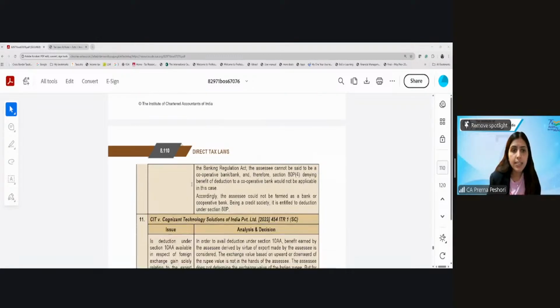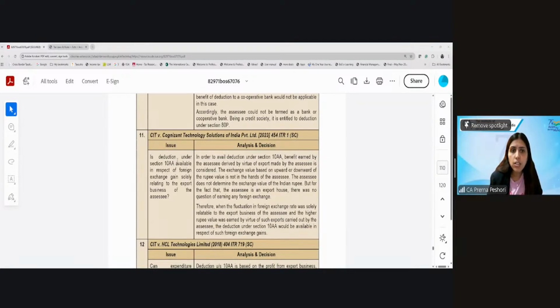So this case is about whether deduction is available under 10AA in respect of foreign exchange gains solely relating to the export business of the assessee. This is a very recent case, in the case of Cognizant Technology. The question was whether the deduction is available on the foreign exchange gain relating to the export business. When you realize the foreign currency income, there can be a foreign exchange gain or loss.